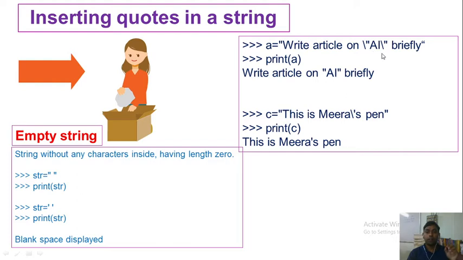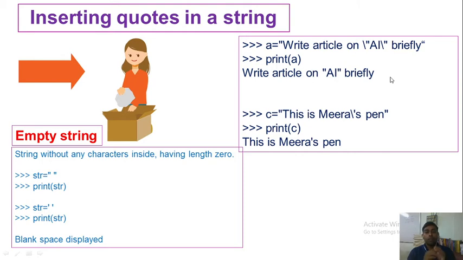This is the exact representation of inserting quotes within a string. Then briefly, and we close the outer double quotes. Then we print a: write article on AI briefly. Hope you get the concept, inserting quotes within a string.